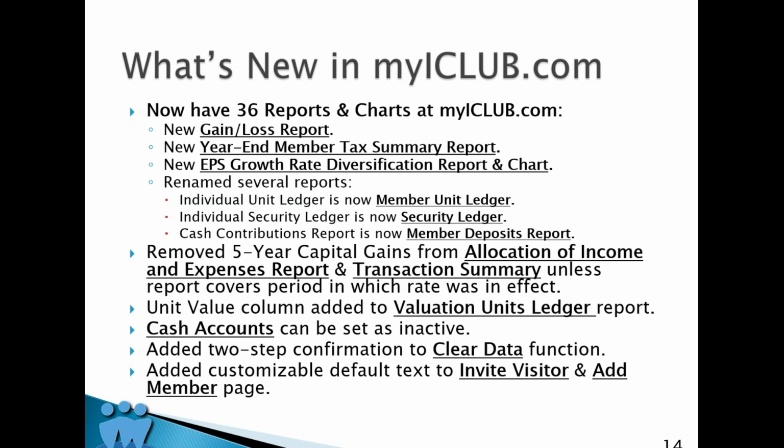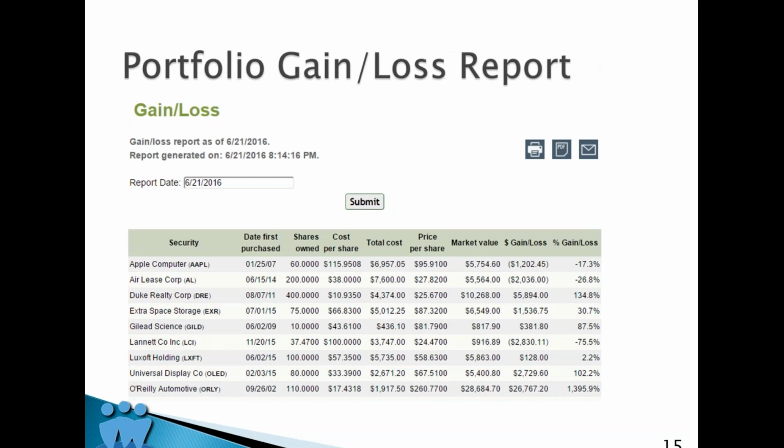So we've added some confirmation to that, and we've added an automatic backup functionality, just trying to make sure that people don't make that fatal error of wiping out their entire club transactions inadvertently. And then on the invite visitor and add member page, we have a customizable default text there, which should also be useful.